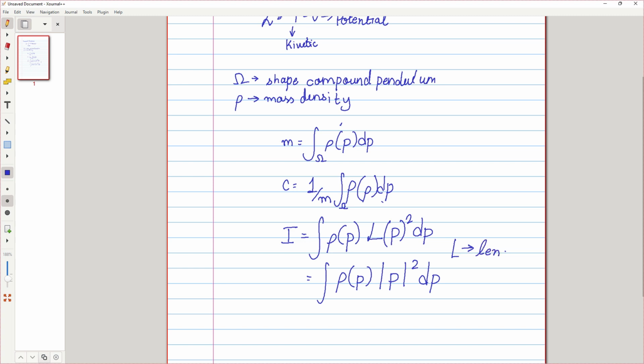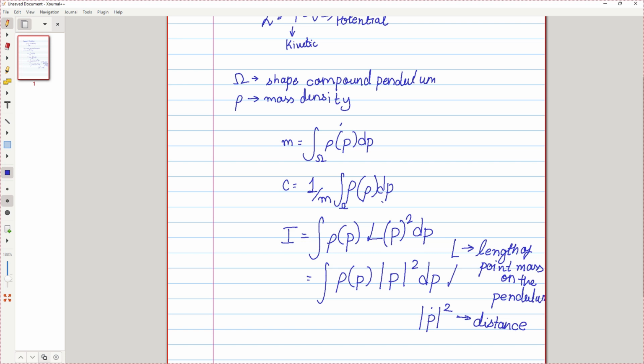Here L is the length of the point mass on the pendulum, and the modulus squared of p is the distance from the origin.